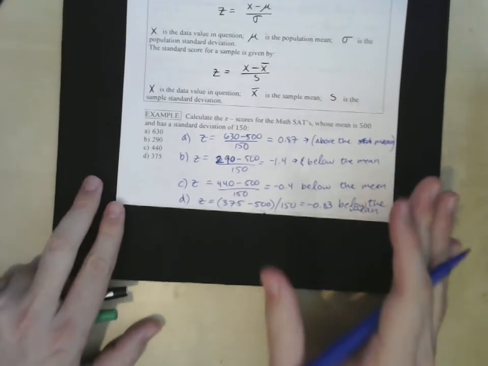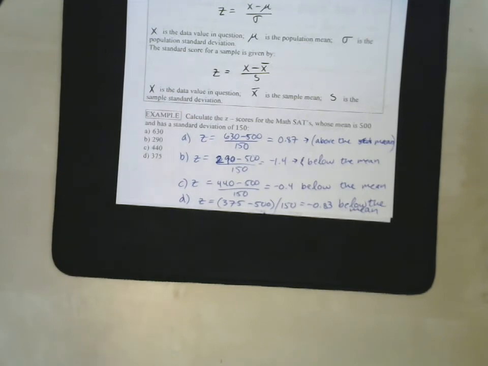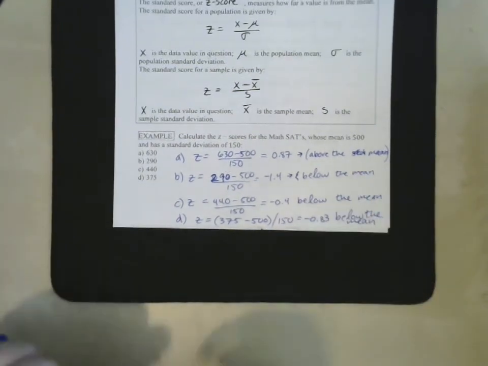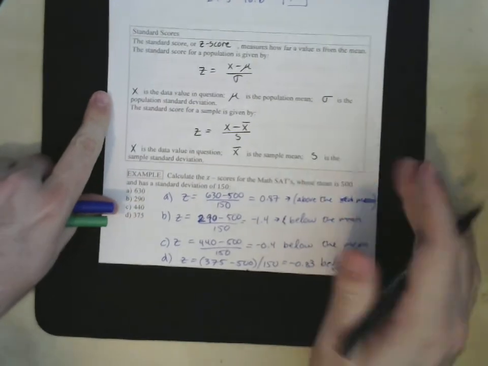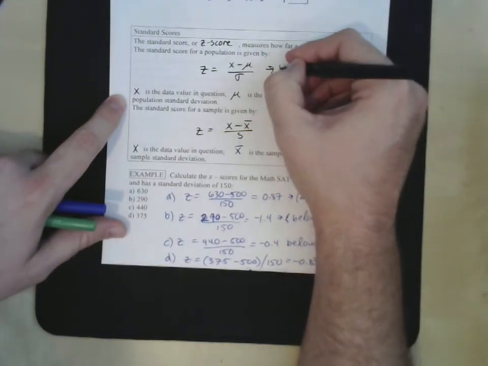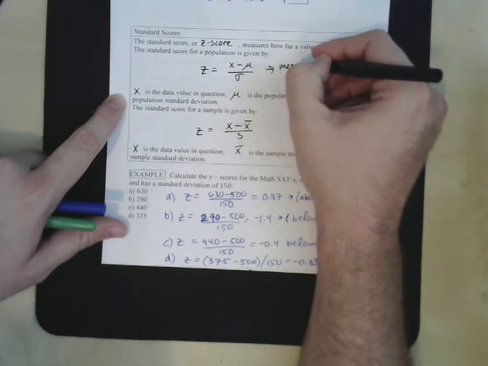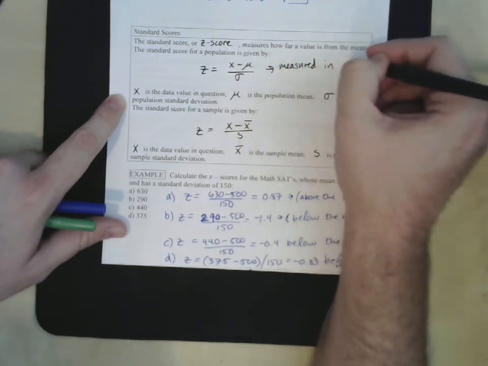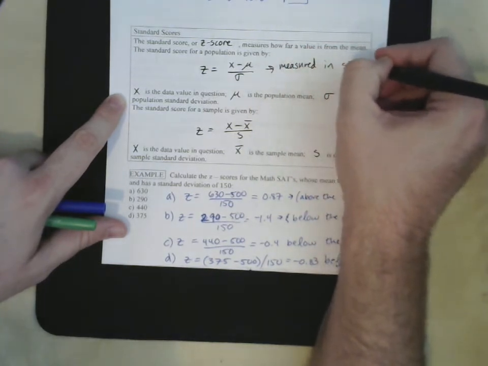So I keep saying above the mean, below the mean, and what we mean by that is how many standard deviations we are. So you can add a little note up here. This measures how far a value is from the mean, and this is measured in standard deviations.